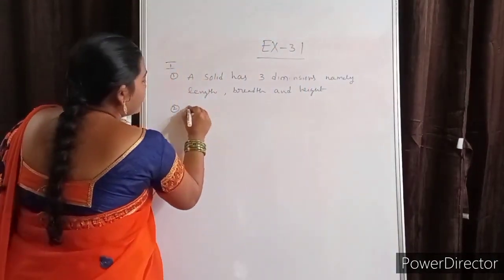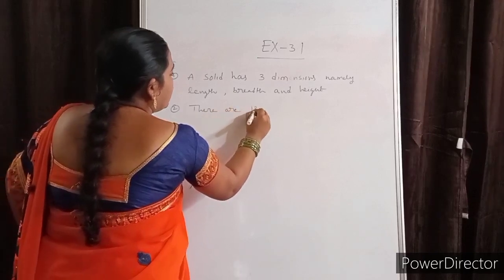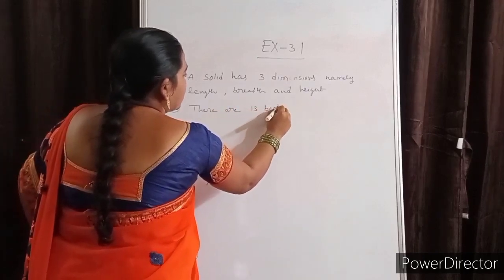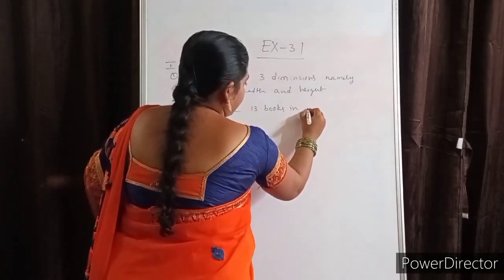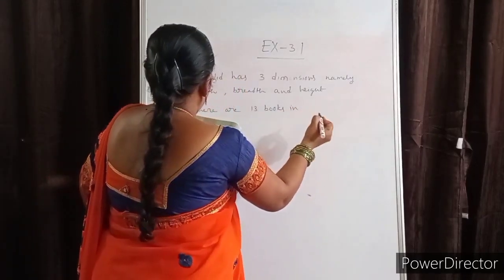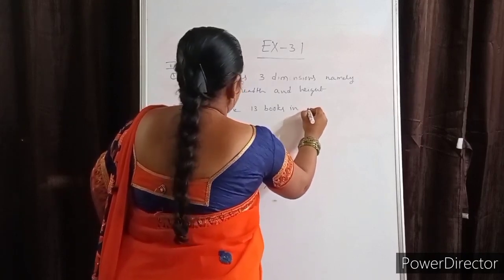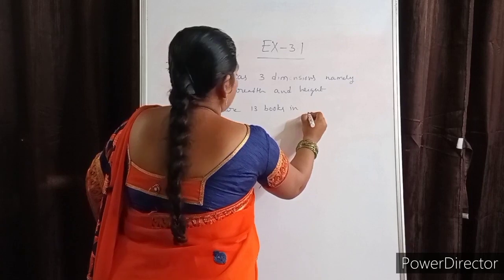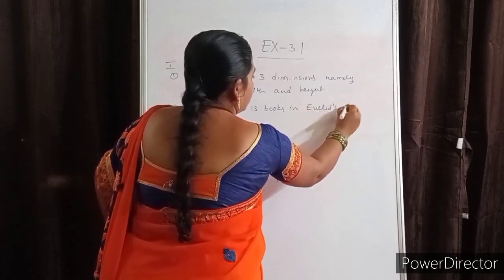There are 13 books in Euclid's Elements.